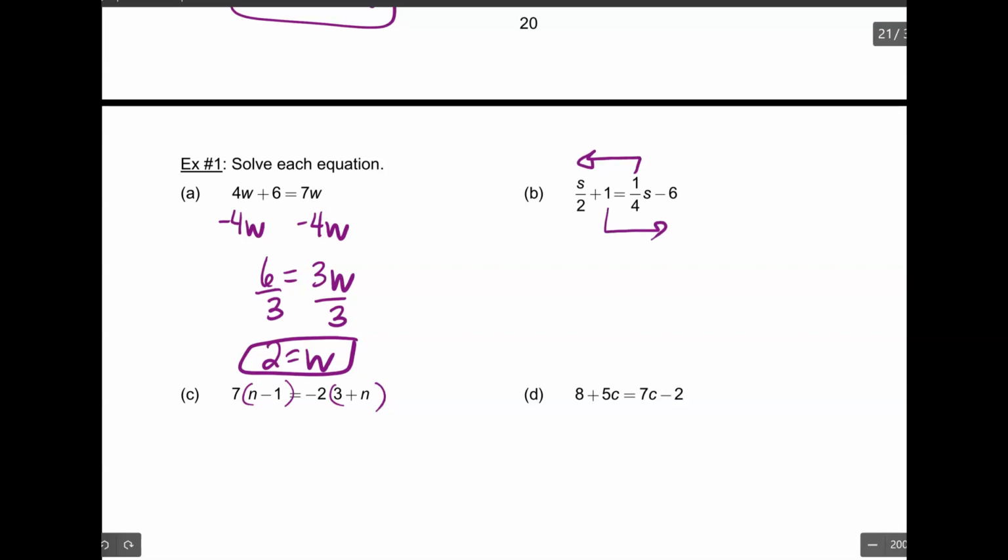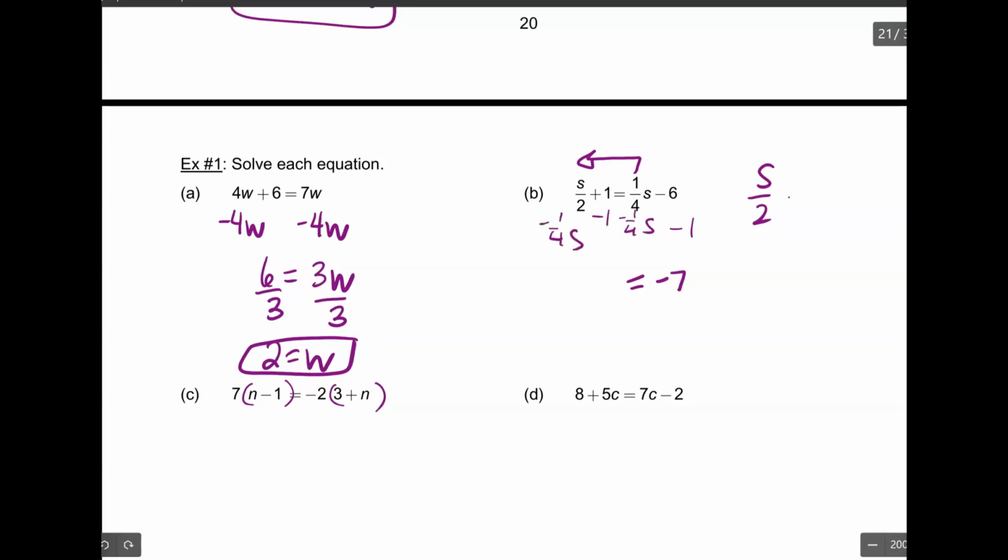Little hint. And so I have S over 2, and I want to subtract 1/4 S on both sides. So I'm going to subtract 1/4 S on both sides. I should probably write it below. Okay, subtract 1/4 S on both sides.